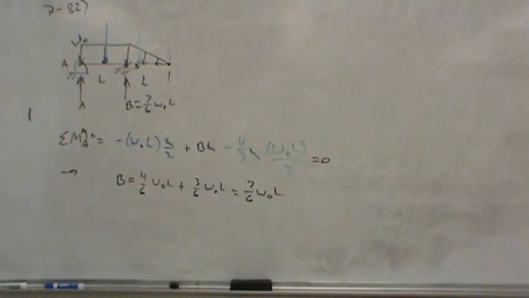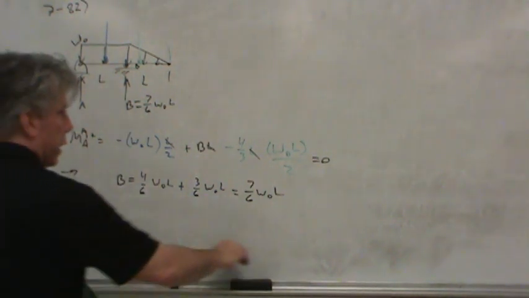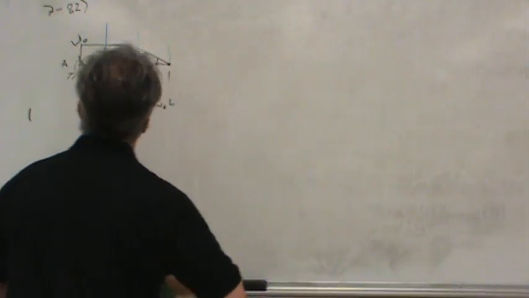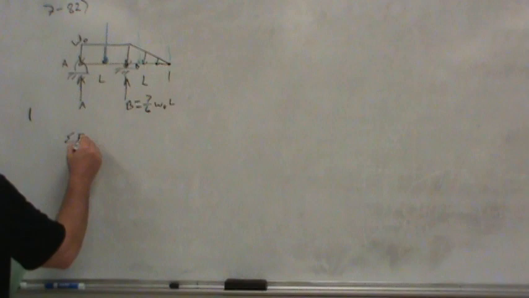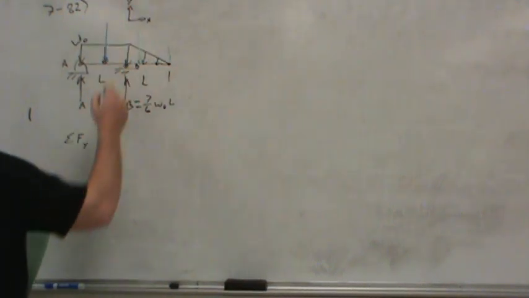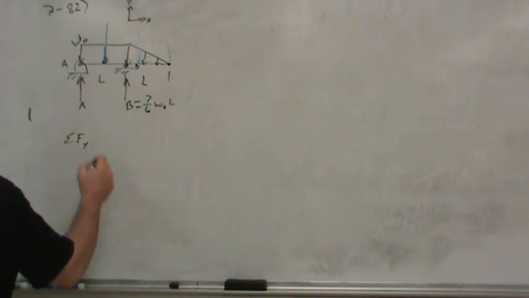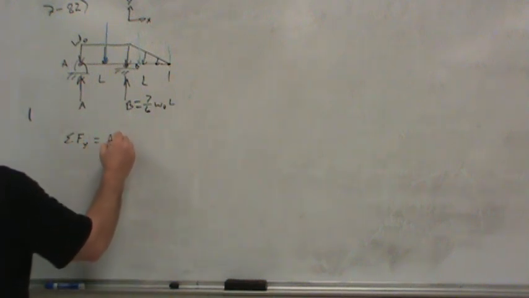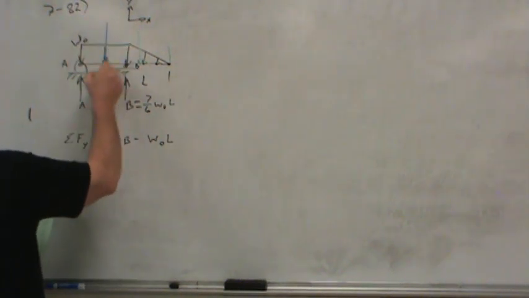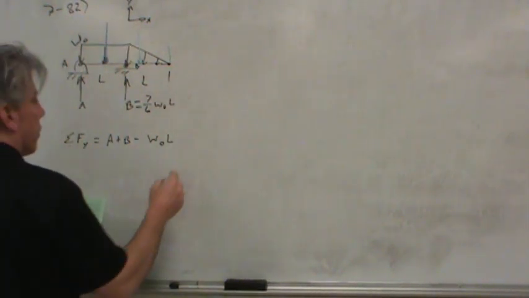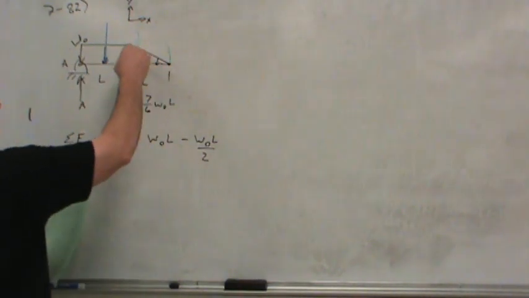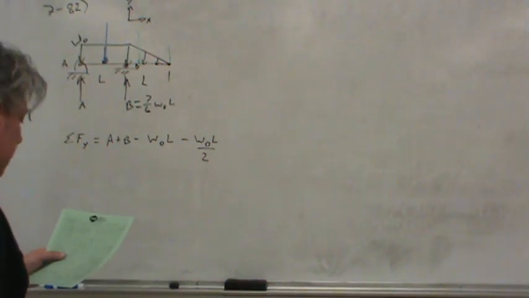And then the last thing to do is to calculate the reaction at A. For that, we'll simply sum forces in the vertical direction, the y direction. We always think of the coordinate system being the usual. So the sum of forces in the y direction is A plus B minus W naught L, that represents the resultant of the uniform distributed load, minus W naught L over 2, the resultant of the triangular distribution.